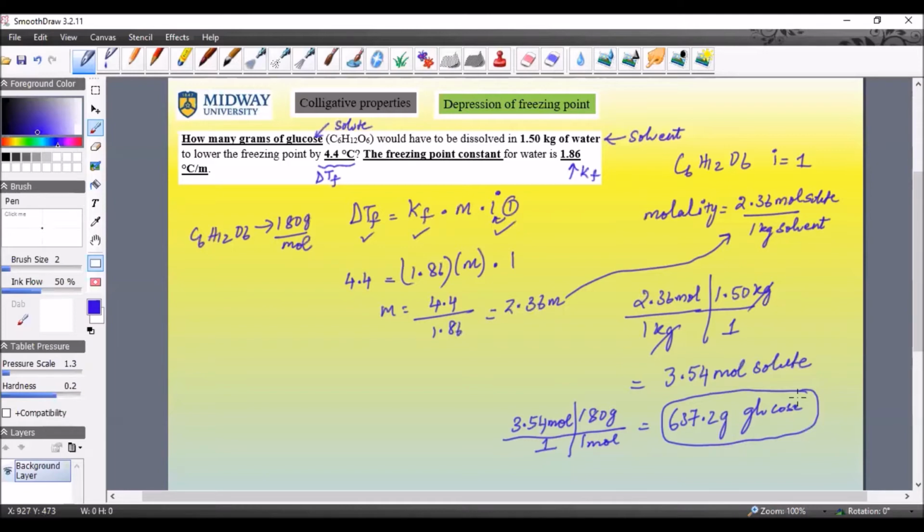So 32 grams versus 637 grams. It's expensive as it is, but it's not even 2 or 3 times, it's more than 10 times. Ten times is still 320 grams, so it's almost 20 times more needed for the same effect. This is sodium chloride, your table salt, and this is your sugar.